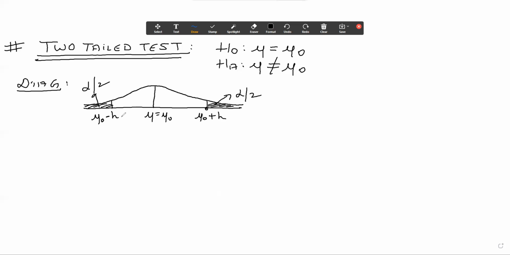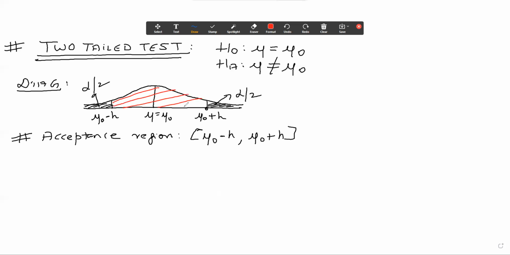So guys, what can I say? In this particular case, my acceptance region is closed interval mu 0 minus h to mu 0 plus h. That means guys, this is my acceptance region. The red region is my acceptance region.